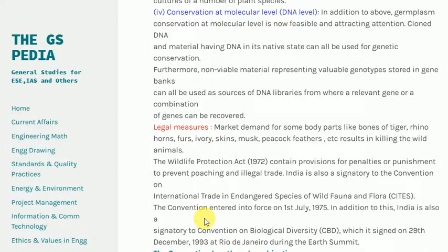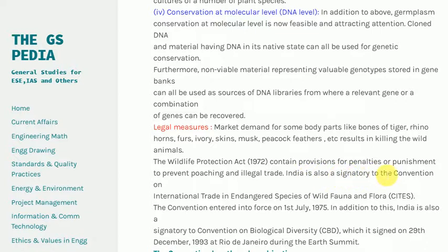Legal measures. Market demand for some body parts like bones of tiger, rhino horns, furs, ivory, skins, musk, peacock feathers, etc. results in killing the wild animals. The Wildlife Protection Act 1972 contained provisions for penalties or punishment to prevent poaching and illegal trade.